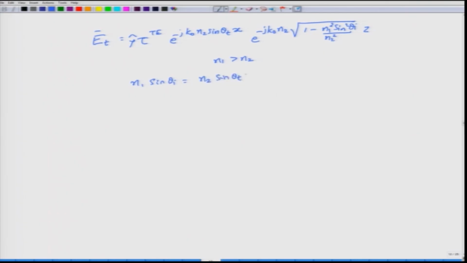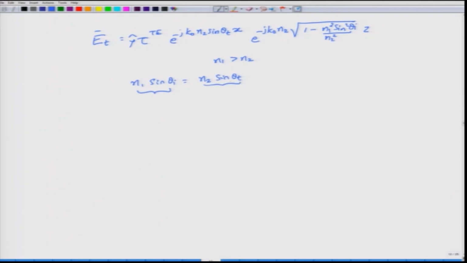Now, look at this, theta_I is a component which is increasing, going from 0 to 90 degrees. So, when theta_I is equal to 0, of course, this entire left hand side will be 0, right hand side will also be 0, and when theta_I starts to increase from 0 to 90 degrees, at some point, the product n_1 and sin theta_I can actually be greater than the product n_2 sin theta_t.